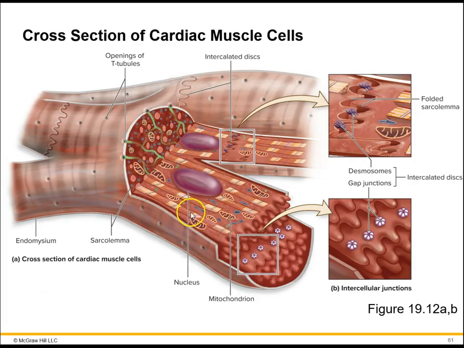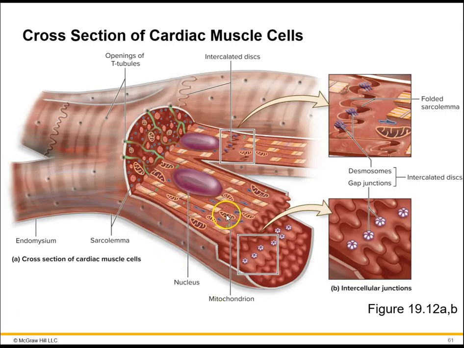You can see multiple myofibrils. There's one, here's another one, and each myofibril is composed of many myofilaments. Remember the thin filaments and the thick filaments, arranged in units called sarcomeres. So this is a sarcomere, this is a sarcomere, this is a sarcomere.